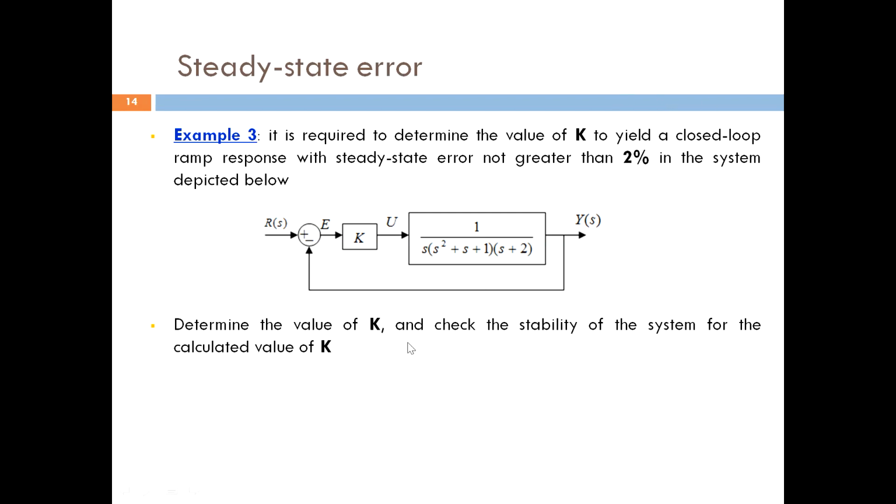And the problem is to determine the value of k that will give us this performance characteristic. It goes on to say check the stability of the system for the calculated value of k.